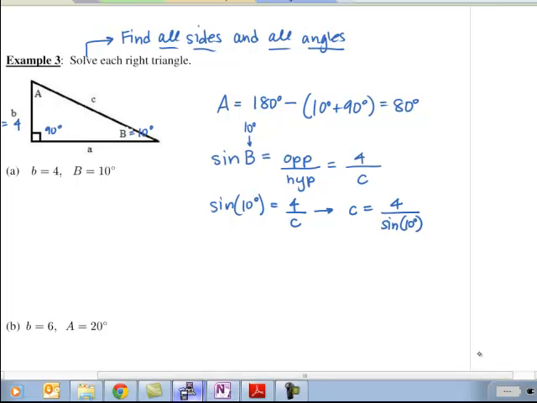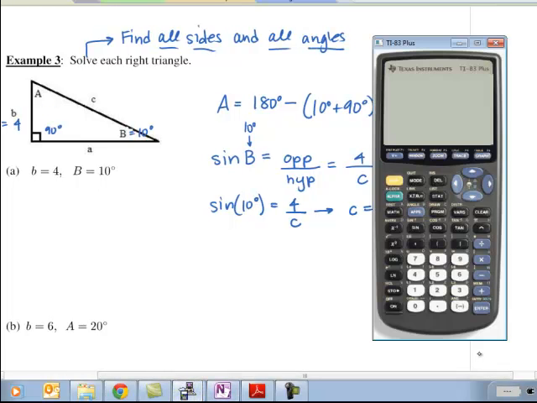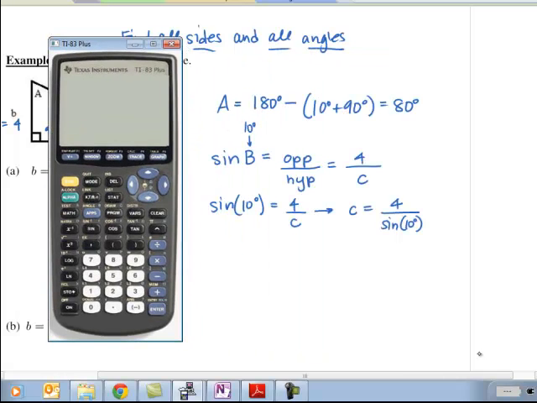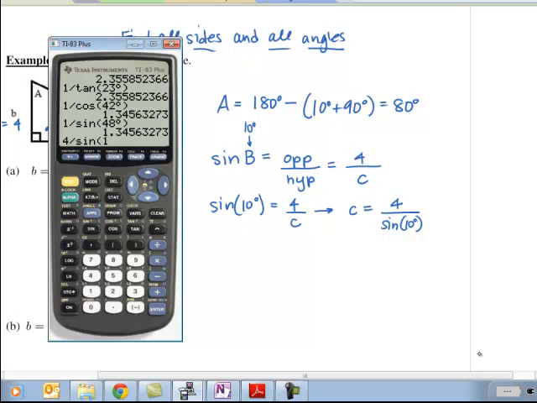Alright, so then we'd grab our calculators, and we need to put in 4 divided by sine of 10 degrees, and I'll just put degrees in manually since I'm not in that mode. So 23.04 if we round to 2 decimal places.